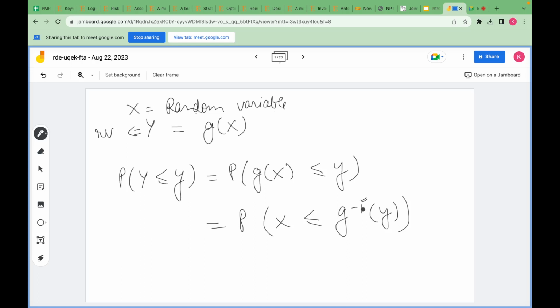So this is an integrable function. Now this is nothing but the integral of f(x) varying from 0 to g inverse y, dx.